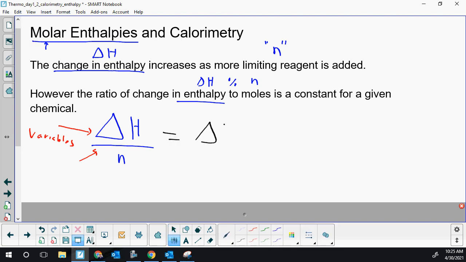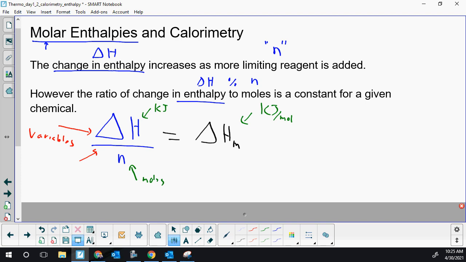Equals molar enthalpy. Now I use a subscript n, delta H_m. Our change in enthalpy is going to be an energy unit. We're going to use kilojoules most of the time. n is moles. And our unit of molar enthalpy is just the division of those, kilojoules per mole.